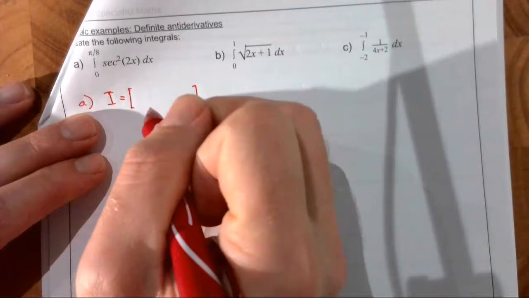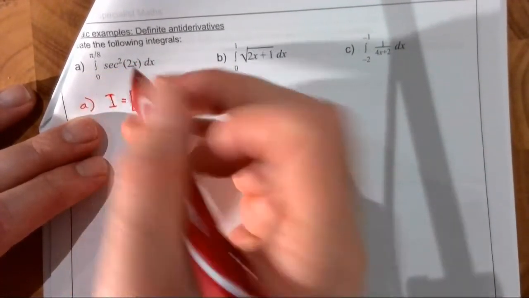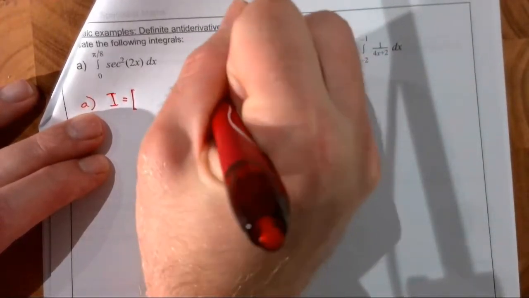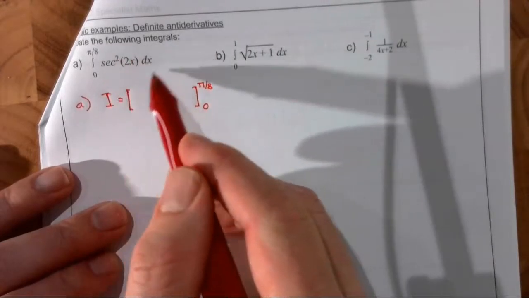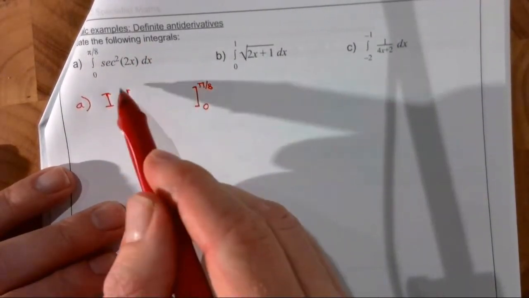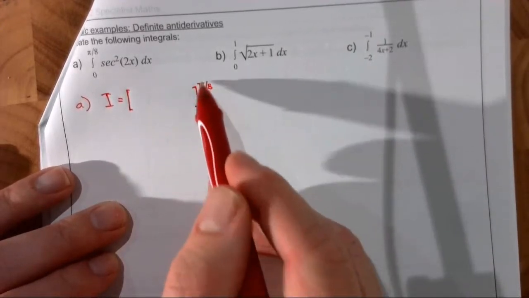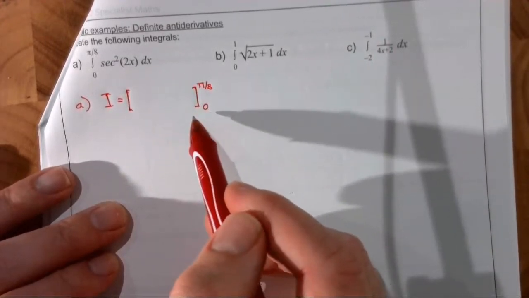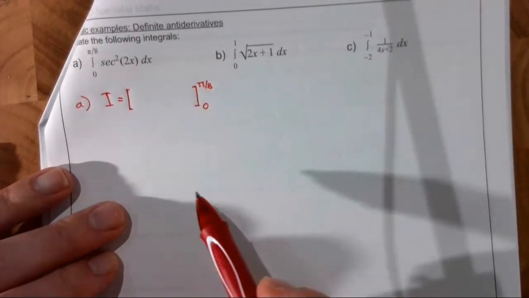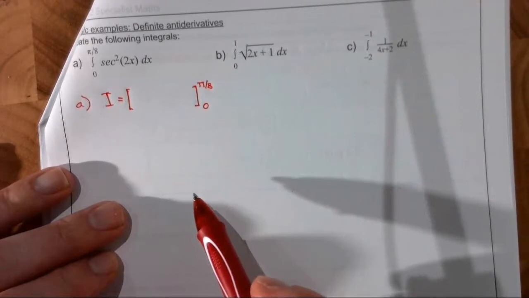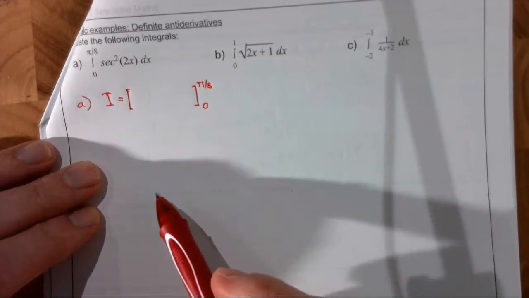So I'm going to anti-differentiate sec squared of 2x, but before I substitute in the limits, I'm going to write down my answer. So after we have a definite integral, our next line is going to be square brackets with the limits maintained and still written on the right hand side, just like this. So you'll get into the habit of this. We're going to do it every single integration question we do when it's a definite integral. And yeah, you'll get the idea.